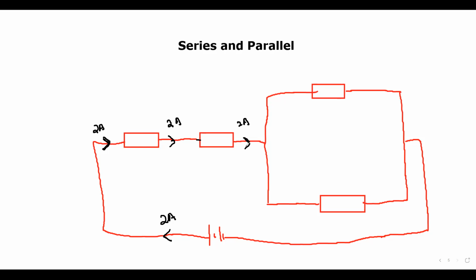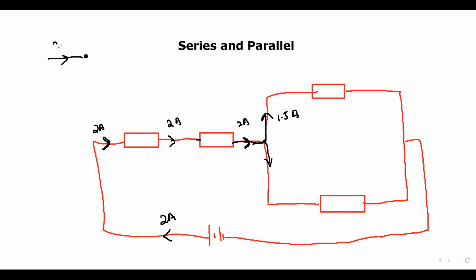But what happens if, out of this 2, 1.5 is moving from here? Out of 2, 1.5 moves here, so how much current will flow down in the bottom branch? The remaining current will flow in the bottom branch. The total current entering the circuit should be equal to the total current leaving the circuit. As you can see, this is a point where 2 ampere is entering.